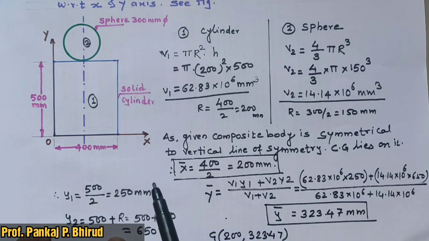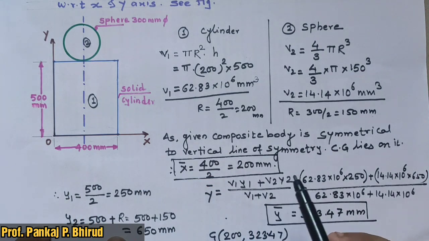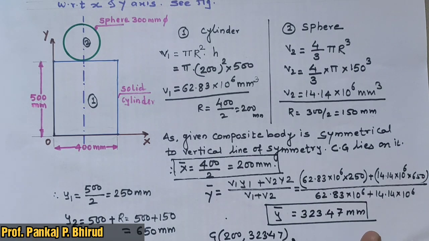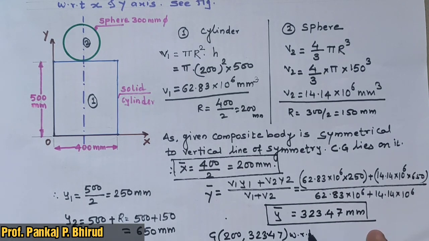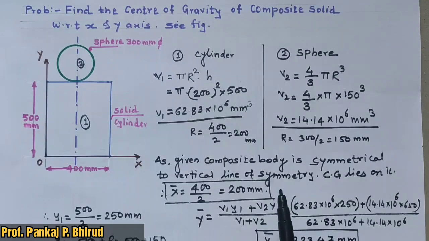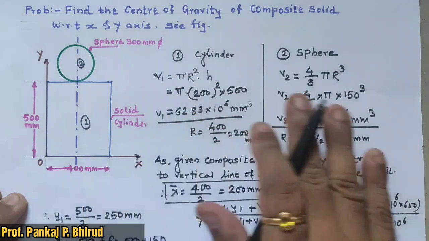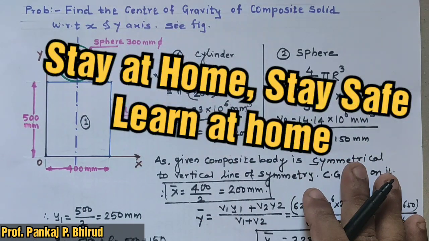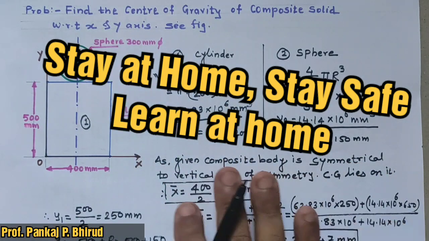So you will get full marks for this problem with respect to x and y axis. So this is the answer. You can also solve this problem by using tabular form, but this method is very simple.